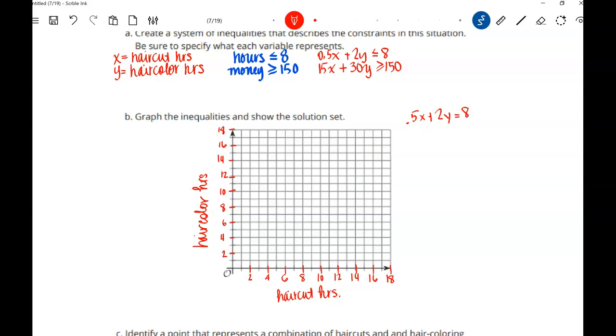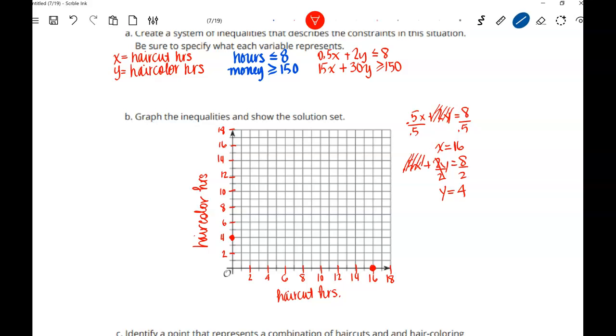So if she didn't do any hair colors in an 8-hour day, she could do 16 haircuts. So I'm going to put a dot on the 16. In an 8-hour day, if she didn't do any haircuts, she could do 4 hair colors.